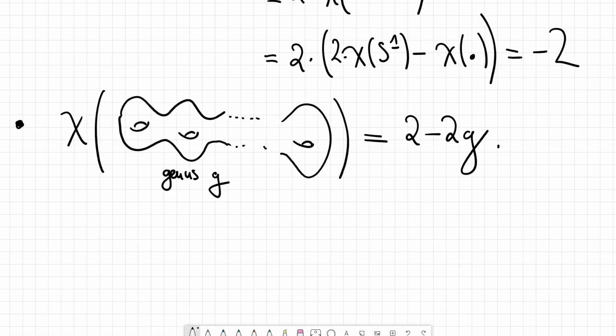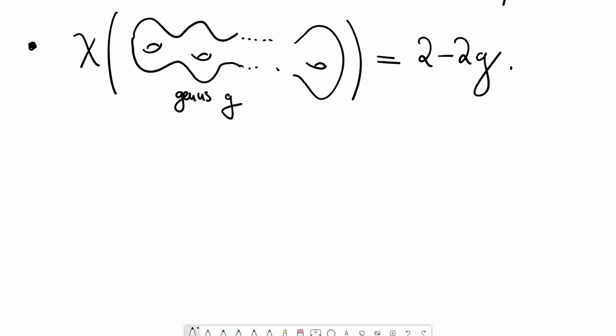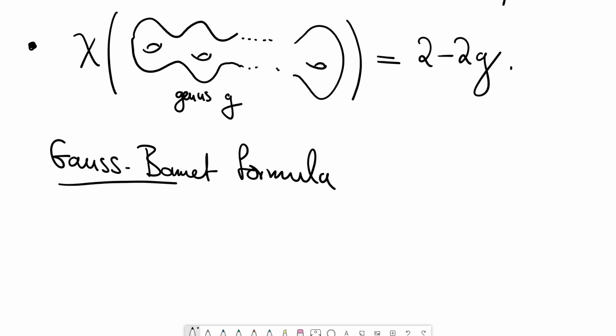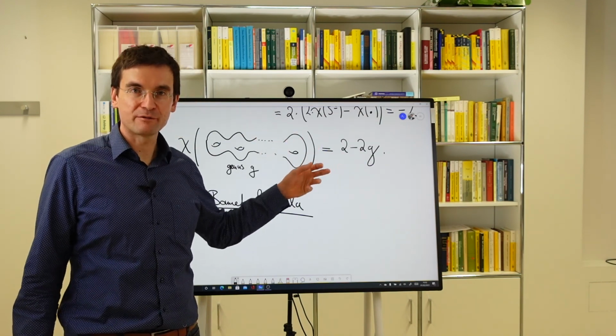So I want to stop with a beautiful formula without proof called the Gauss-Bonnet formula. That connects the Euler characteristic of a surface, so a topological invariant, with geometric information.